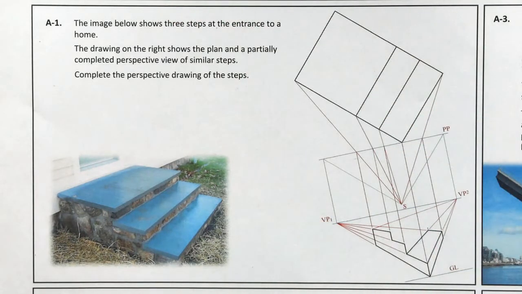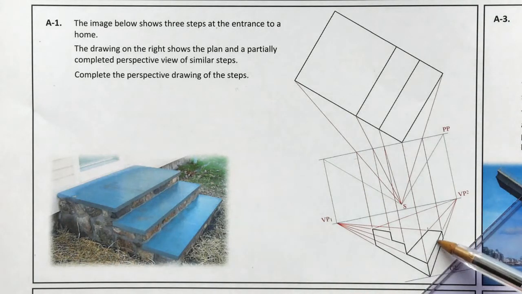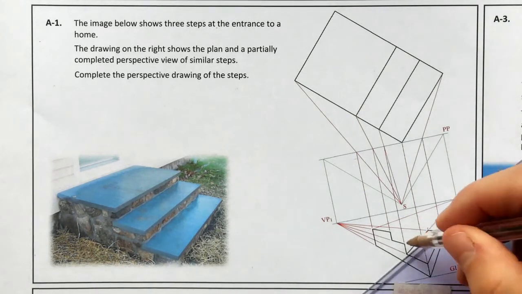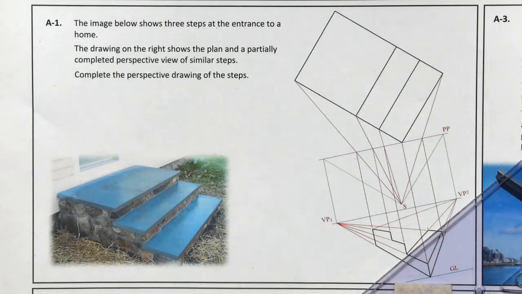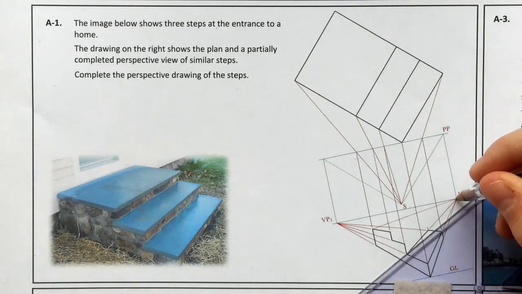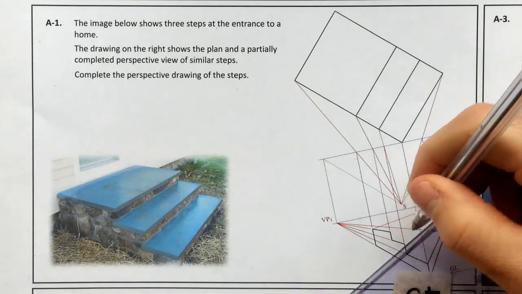Okay, so what we're going to do now is, this one isn't actually too tricky. It's a case of building it up slowly. So like this face was completed here, we want to complete this face as well. So from this point right there, I would like to vanish it to VP2.